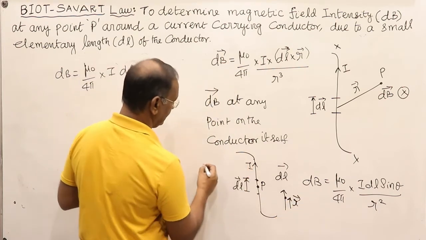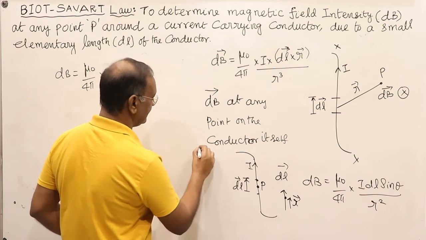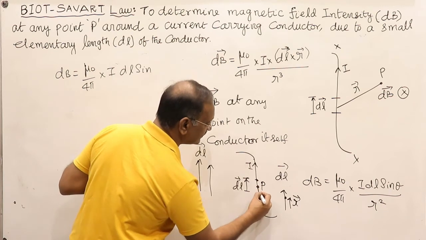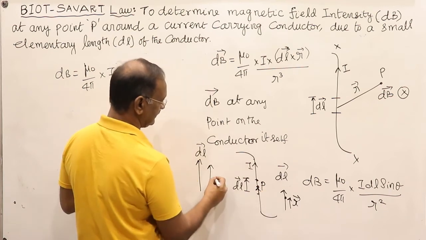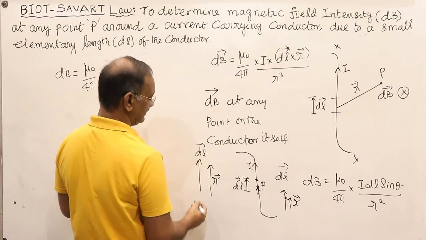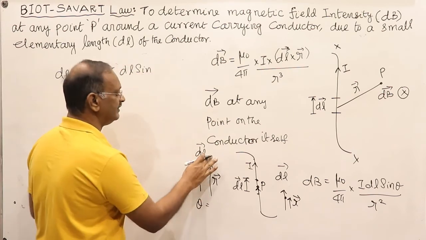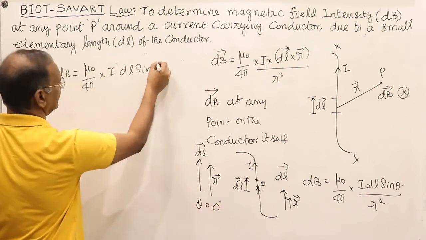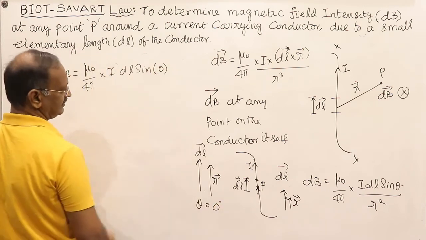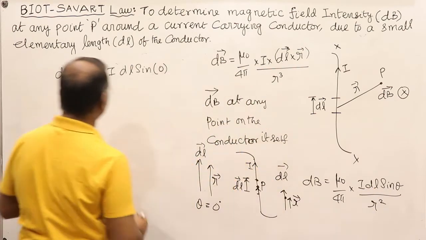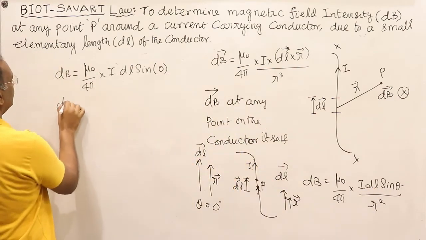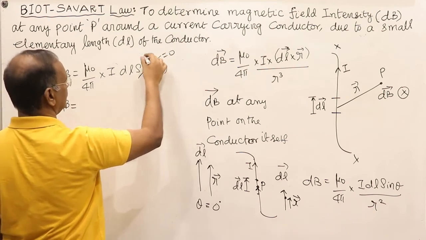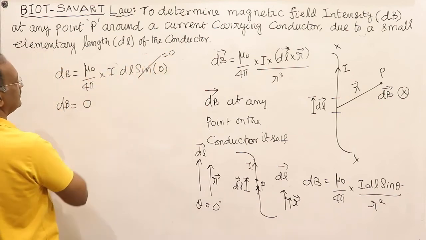Because the point P is here, we take r vector like this. Theta, the angle between dl and r, is equal to 0 degree, and sine of 0 degree is 0. It means dB is equal to 0, because 0 multiplied by anything is equal to 0.